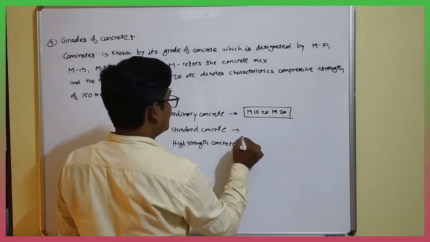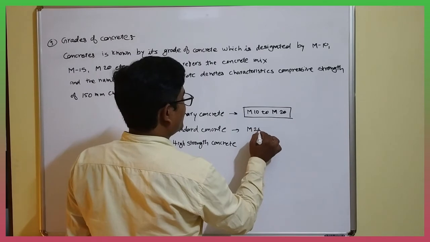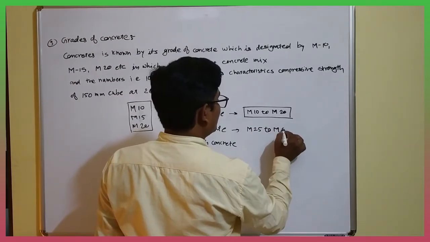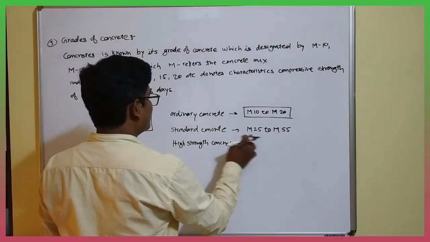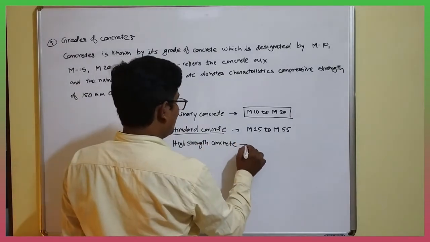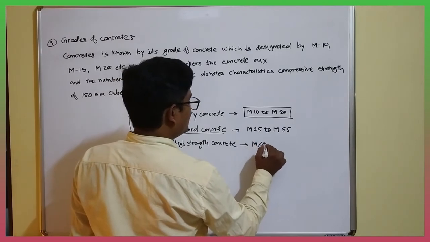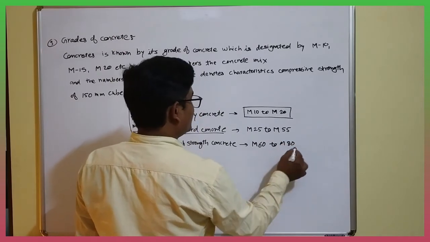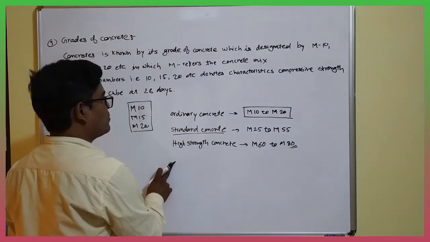Similarly, for standard concrete, M25 to M55 grades are classified into the standard concrete. And last one, high strength concrete, M60 to M80. These grades are classified under the high strength concrete.